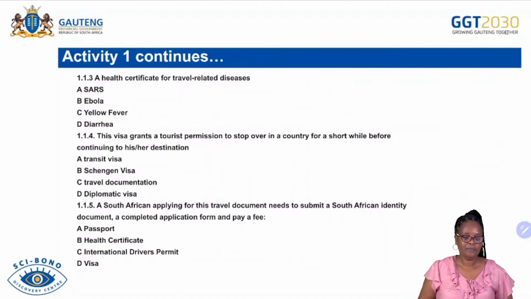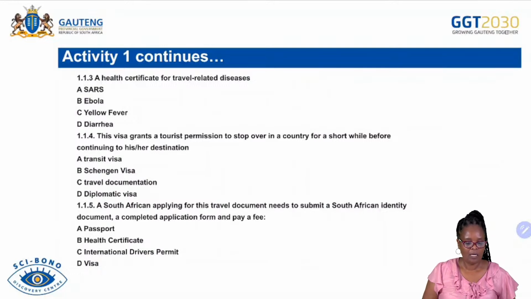1.1.3, a health certificate for travel-related diseases: SARS, Ebola, yellow fever, diarrhea. It's number C. Remember I told you that some countries require you to have a yellow fever health certificate.